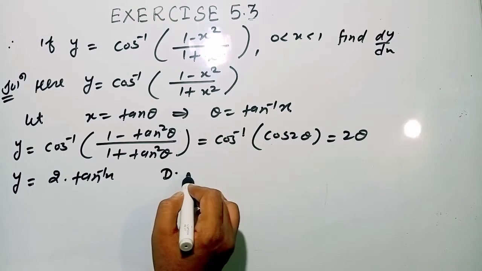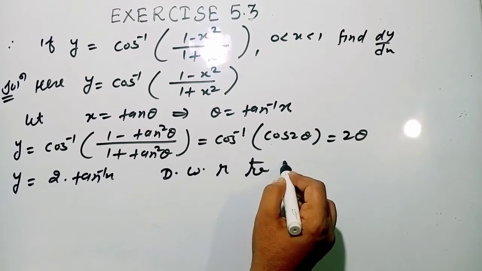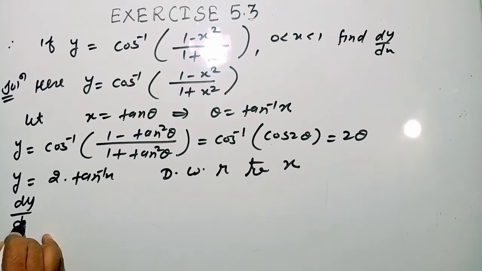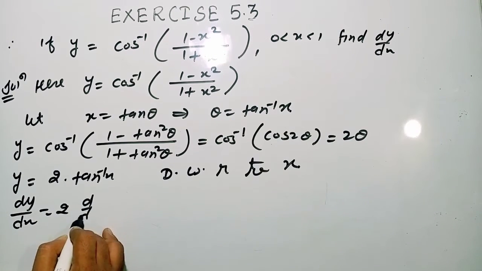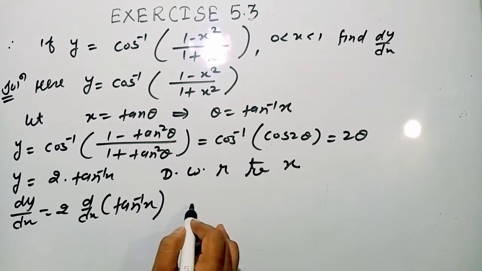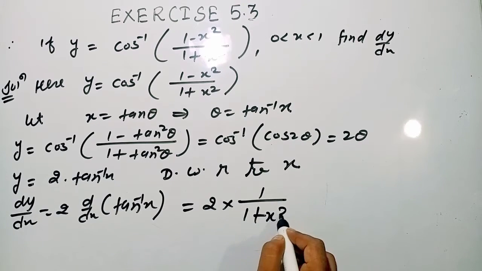Now differentiating with respect to x again. So dy by dx, differentiation of tan inverse x is 1 upon 1 plus x square.